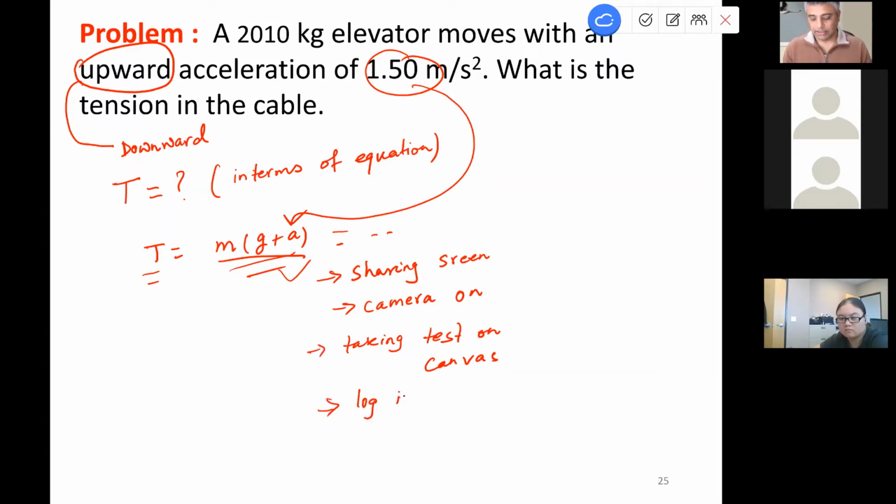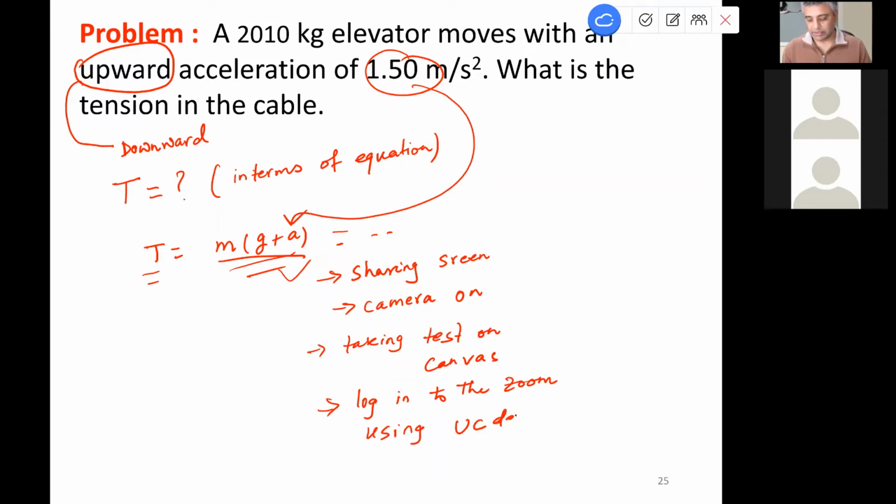Log into the Zoom using your UC Denver email, not your private account, okay?